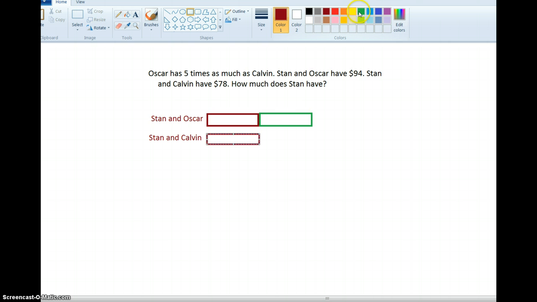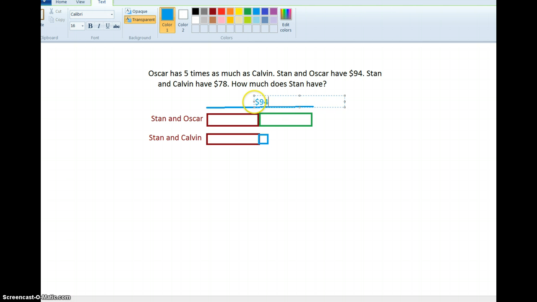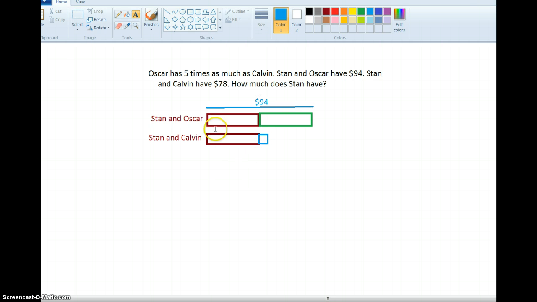This time we use a blue rectangle to represent how much Kelvin has. Now this would be $94. And this at the bottom would be $78.